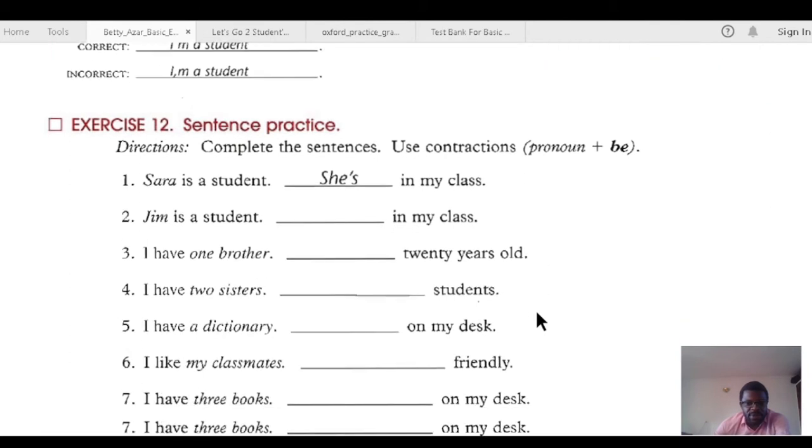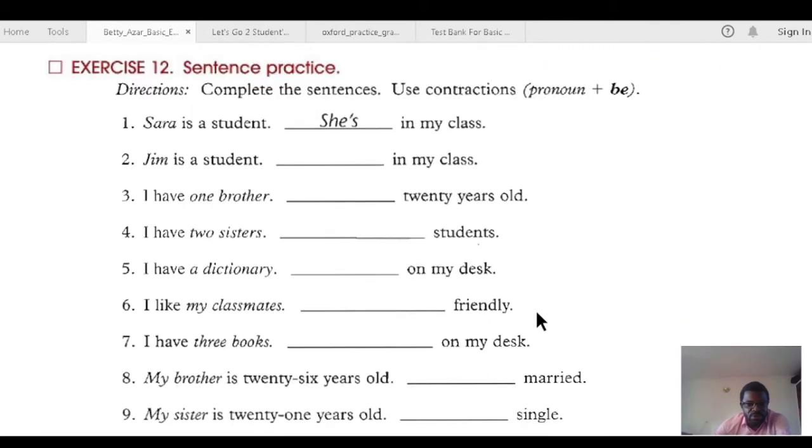Okay, with that said, here we've got some work to do. Complete the sentences using the contractions of verb be. Sarah is a student. She is a student. Jim is a student. She is in my class. I have one brother. He is 20 years old. I have two sisters. They are students. I have a dictionary.